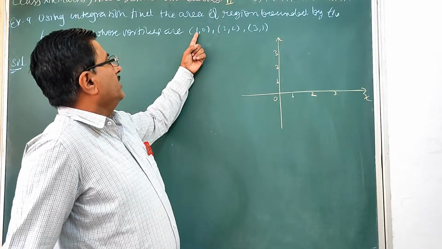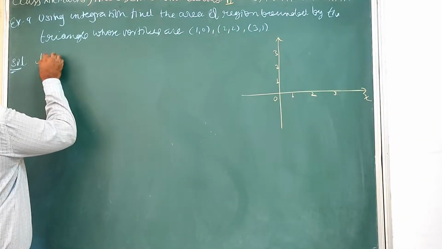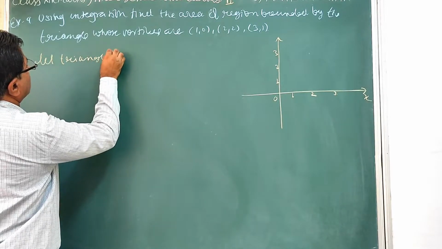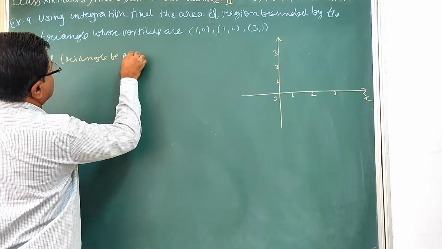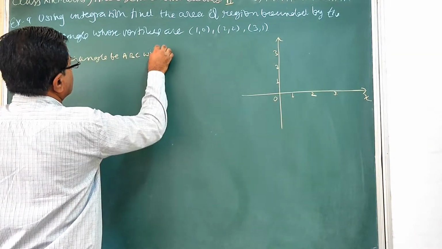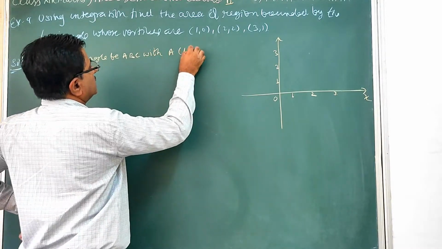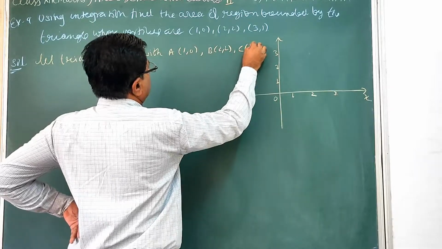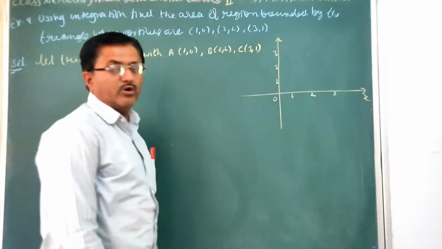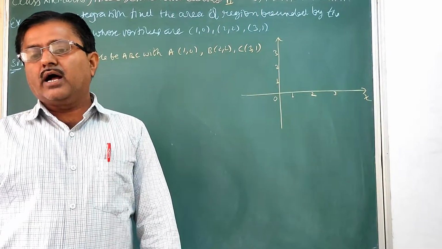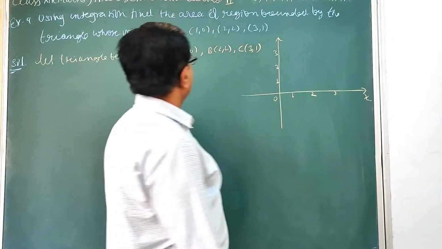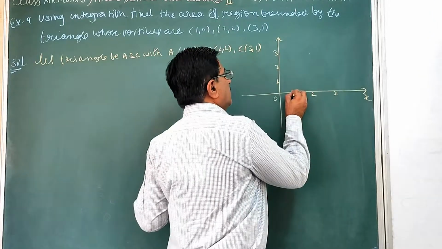Now point A, so you can say here that triangle ABC with A coordinate 1, 0, B coordinate 2, 2, and C coordinate 3, 1. So now we plot all the points on the graph. Then we get the triangle. So x equal to 1, y is 0.